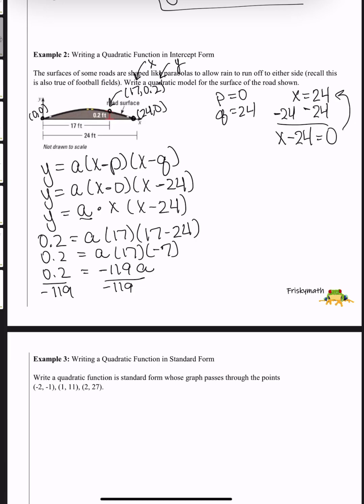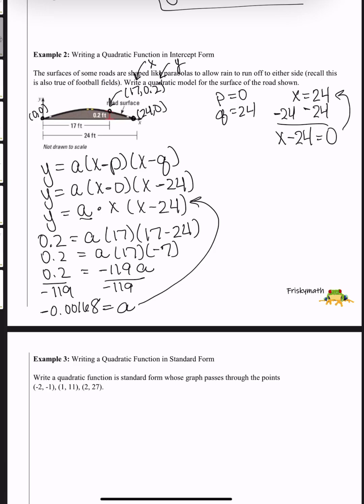And a actually becomes a very small number, which I think makes total sense because we are talking about a highway, or a road, where it's barely noticeable that it's even parabolic in shape. Okay, now I'm plugging my a back in, and I think I will plug it into this version because I don't need to have a factor that says x minus 0.